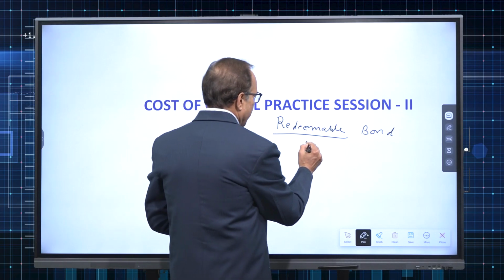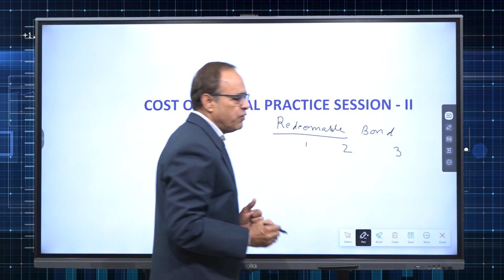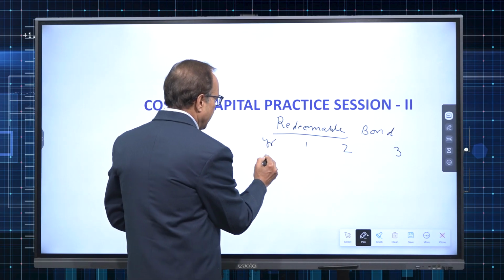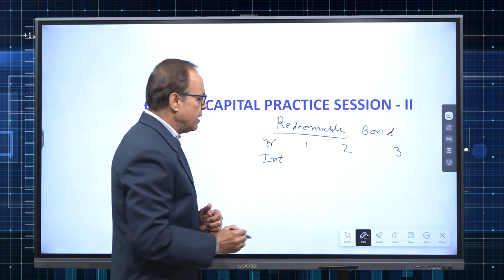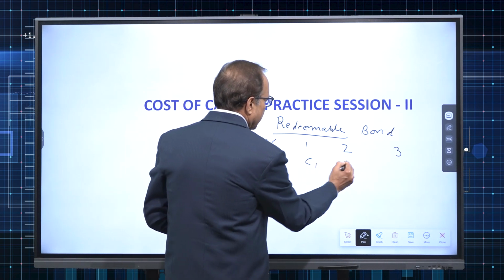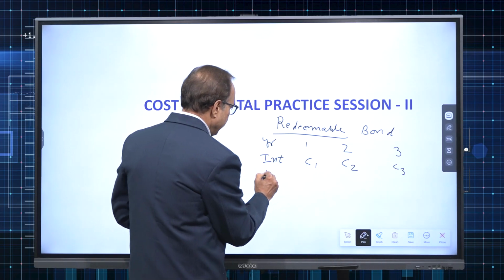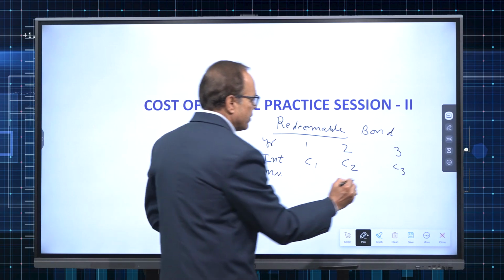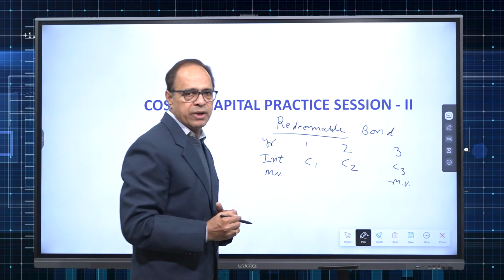That means if we assume that maturity duration of a bond is 3 years, so these are the year on timeline. Every year bondholder will get interest as cash flow 1, cash flow 2 and cash flow 3, and maturity value is also paid to him at the end of maturity period. So that is the maturity value.